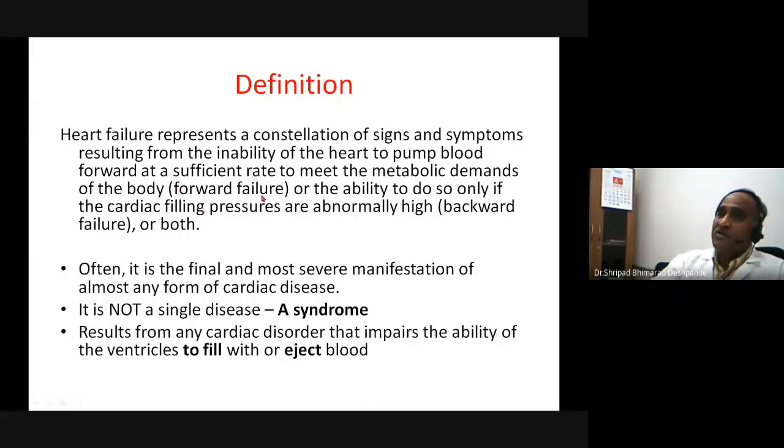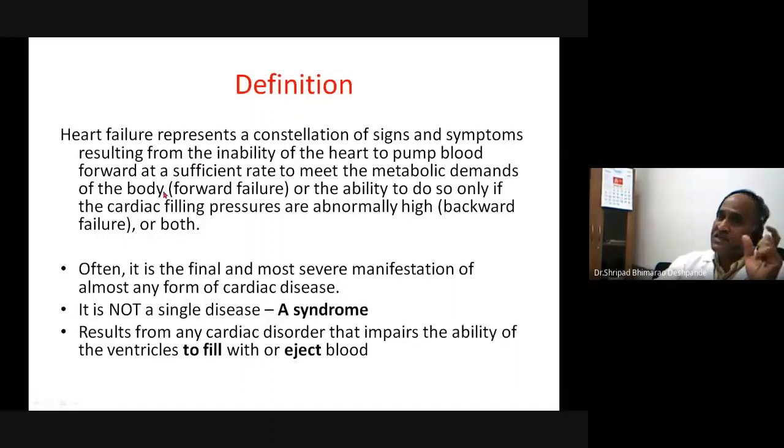This is a forward failure. I repeat, heart failure represents a constellation of signs and symptoms resulting from the inability of a heart to pump blood forward at a sufficient rate to meet the metabolic demands of the body.